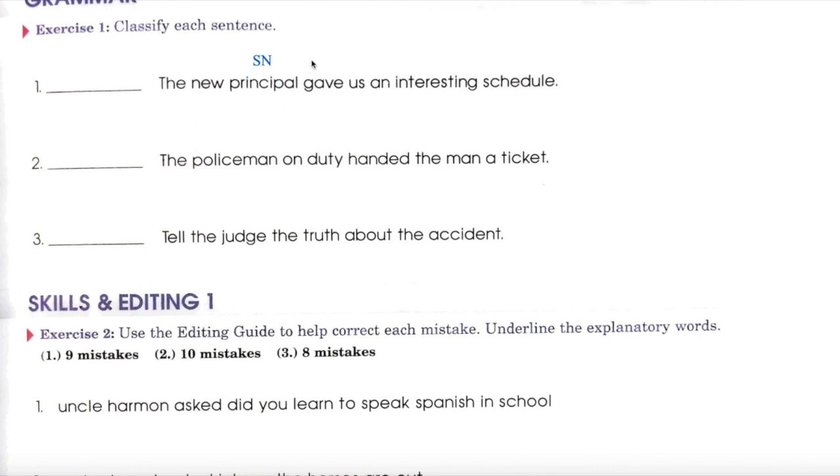What's the action? Gave. Gave is the verb. Principal gave what? Schedule. Does schedule mean the same as principal? No, it does not. It is receiving the action. It's a noun in the predicate, so it's a direct object.